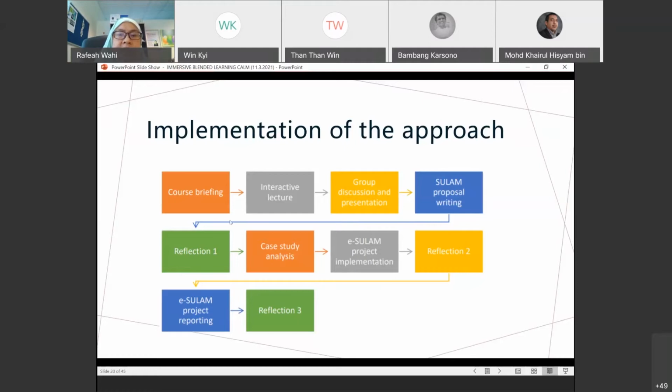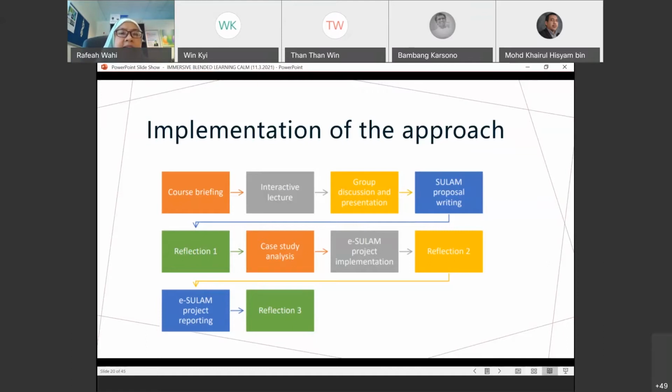And after they finish writing their proposal, they have reflection one, which is before implementing their SULAM project. And then sometime before implementation of the SULAM project, we do case study analysis. We give the students questions, open book.